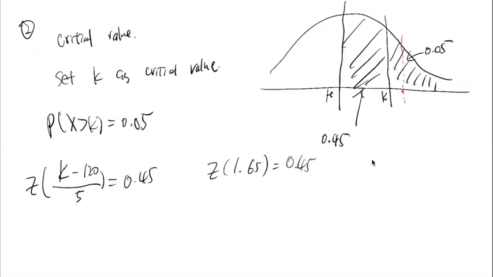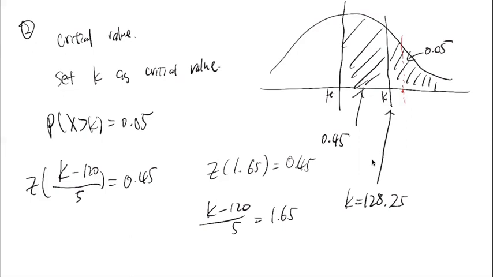So we know that k minus 120 divided by 5 has to be equal to 1.65. We solve and k is equal to 128.25. That's our critical value and that's our boundary.